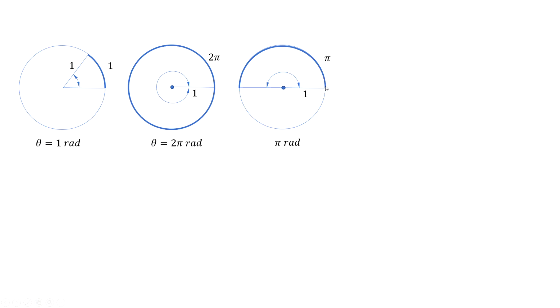Because we are not taking the full circumference of the circle, we are taking only half the circle. So half the circumference of this circle with radius 1 is half of 2 pi, which is pi. Do you agree with that? Oh, okay. In that case, this angle subtended must be pi radian.